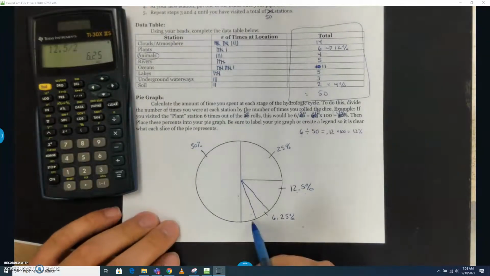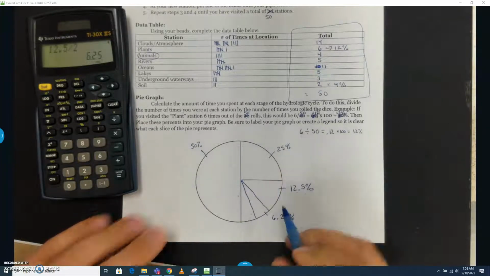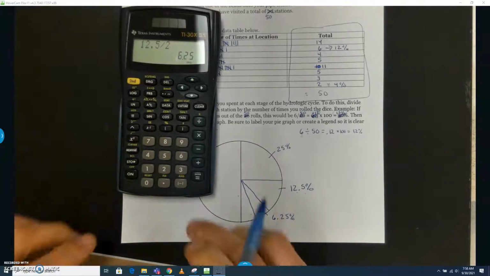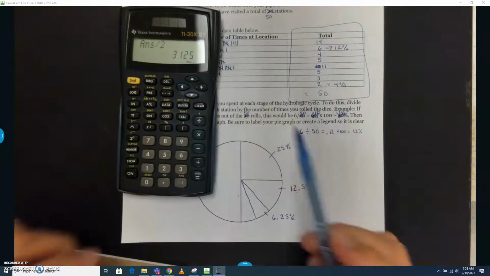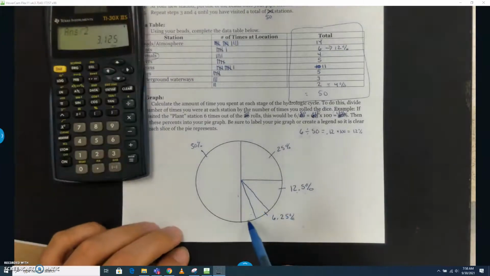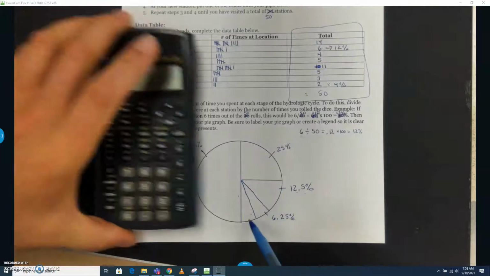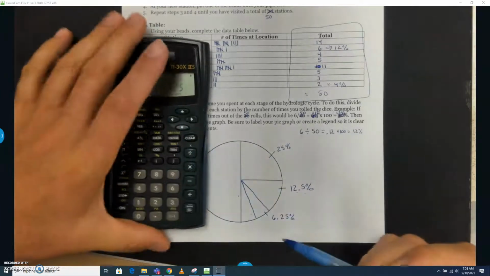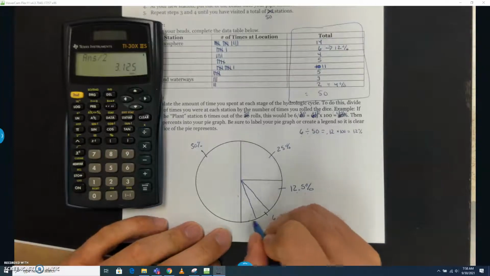But I need to graph 4. I could cut this in half again, but half of 6.25 is less than 4. I need more than half of this, but not all of this to graph 4. And half of this is 3.125. So I'm just going to use my best estimate to kind of divvy this up.